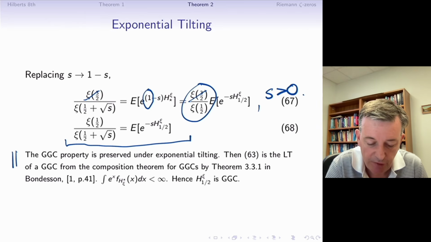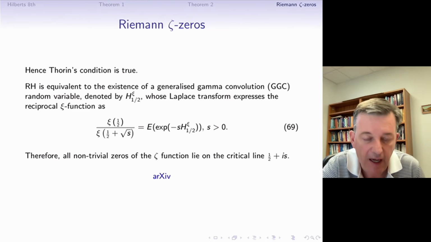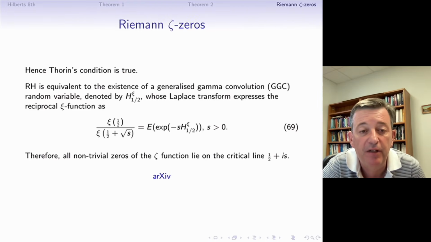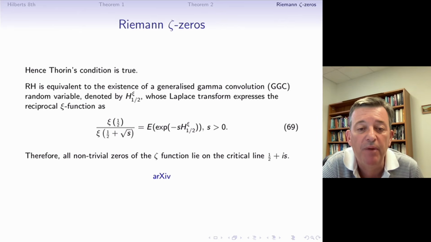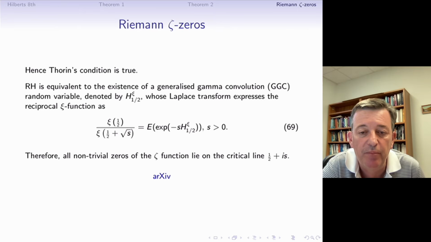So essentially we've checked Thompson's condition, and as Thompson's condition is equivalent to the Riemann hypothesis, essentially we've shown that all non-trivial zeros of the zeta function lie on the critical line, a half plus i s. Remember that the Laplace transform of a GGC is analytic in the whole complex plane, taken out the interval minus infinity to 0, and that was enough to prove the Riemann hypothesis.